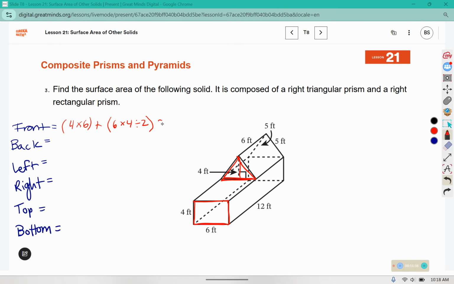Four times 6 is 24. 6 times 4 is 24, divided by 2 is 12. 12 plus 24 is 36. The back also uses that square and that same triangle, so it is also 36.